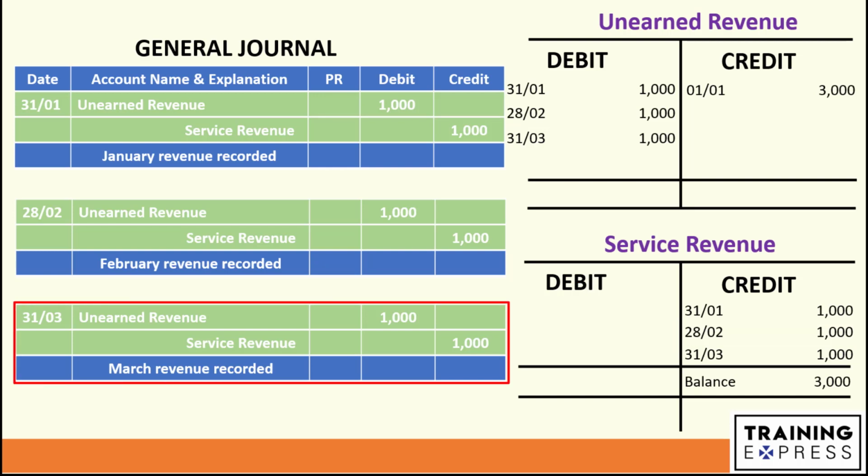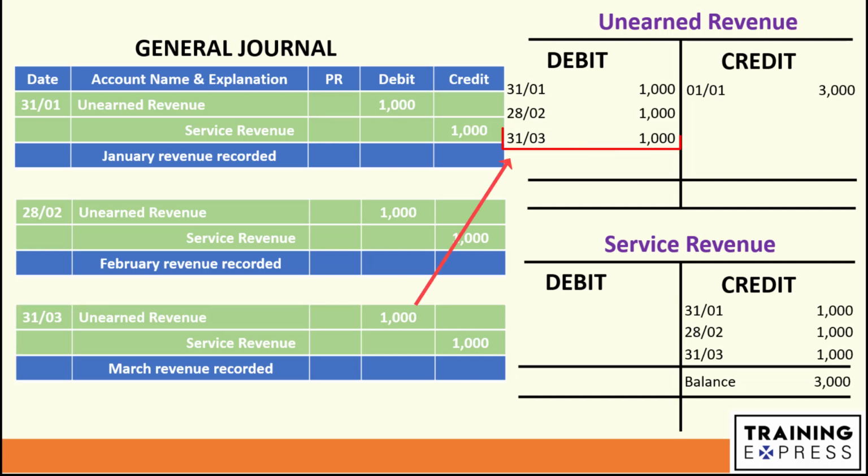The last month is March. We performed services for another $1,000 in March, so we will earn another $1,000 of revenue. So the adjusting entry will be debit unearned revenue by $1,000 and credit service revenue by $1,000. Let's post this adjusting entry. Unearned revenue debit by $1,000 and service revenue credit by $1,000.